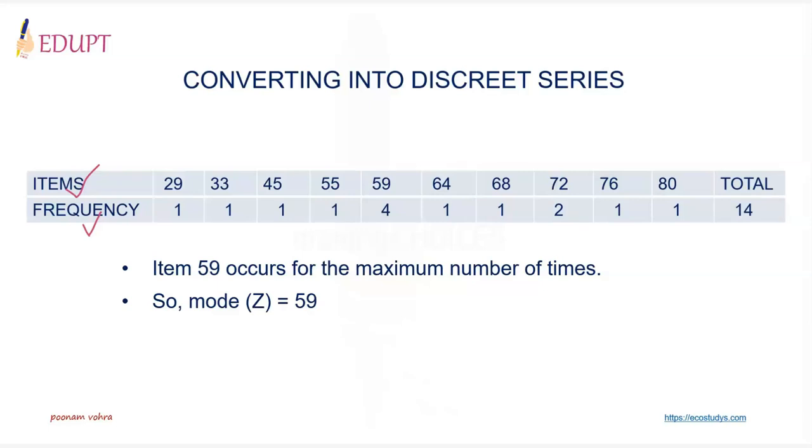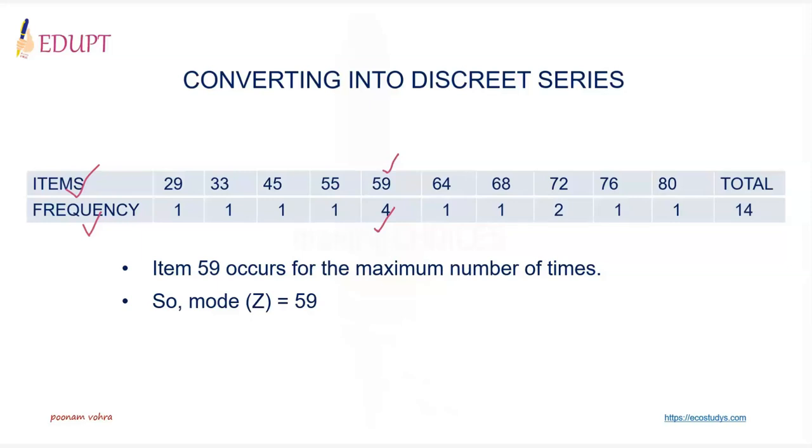We have seen that 29, 33, 45, 55 have occurred only once, so frequency 1 is mentioned here. We found that 59 occurred 4 times, so 4 is the frequency of this value. After that 64, 68 occurred only once. 72 occurred twice. 76 and 80 occurred only once.